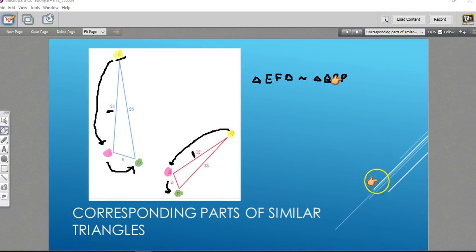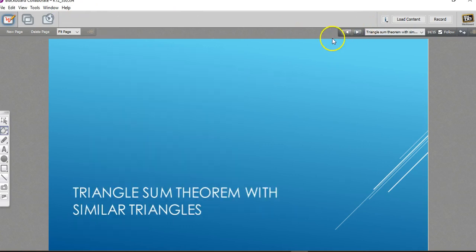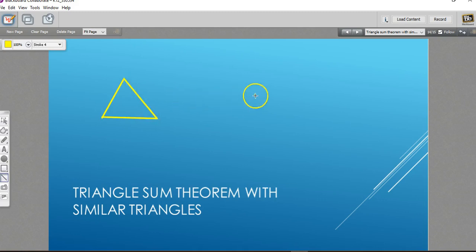Okay, so remember how we talked about triangles. If we have similar triangles, their angles are still congruent. Okay, so let's label these triangles here. Let's say A, B, C, quite original, right?